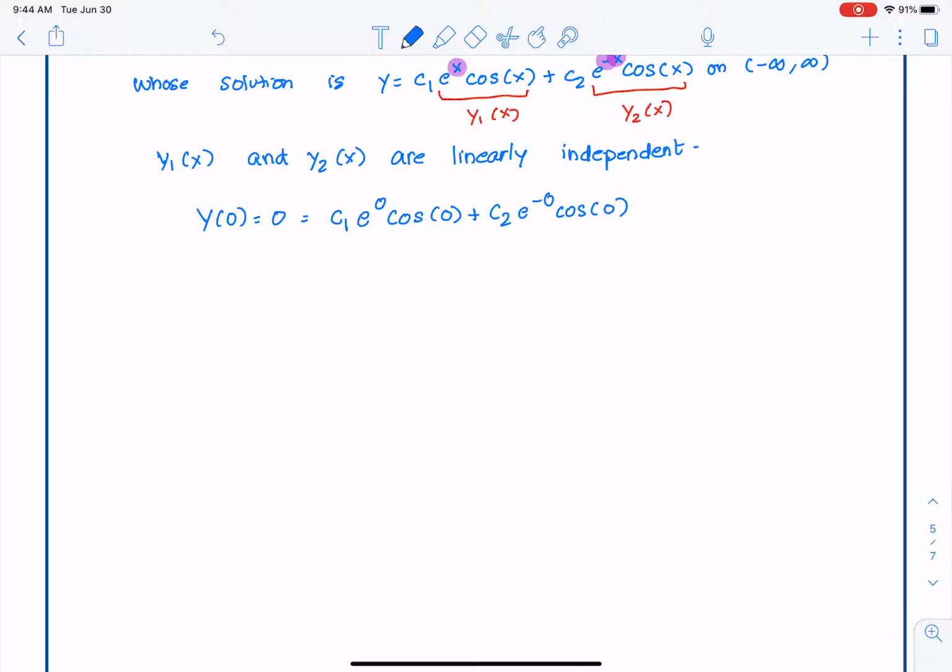We know cosine of 0 is 1, so c1 plus c2. And e raised 0 is also 1, so c1 times 1 plus c2 times 1 would equal 0. So the first equation is c1 plus c2 equals 0. I'll call it 1.